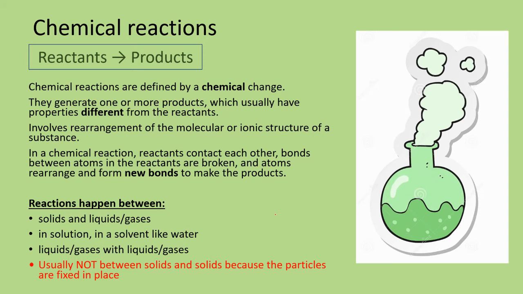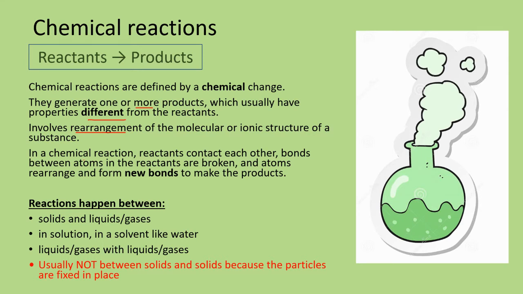A chemical reaction, as opposed to a physical change, which we were just looking at, is when you have reactants and products. And the big difference between a physical change and a chemical change is that you are making something new. So they generate one or more products, which usually have properties different from the reactants. This involves the rearrangement of the molecular or ionic structure of a substance.